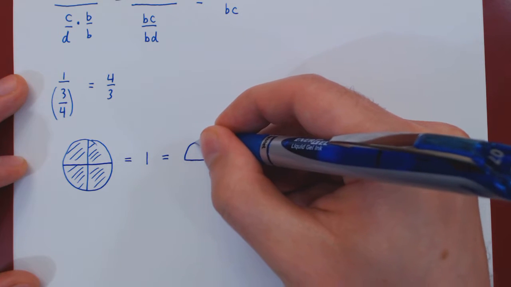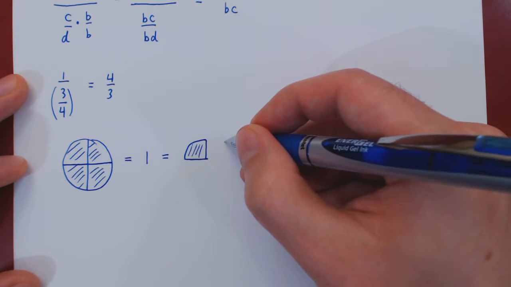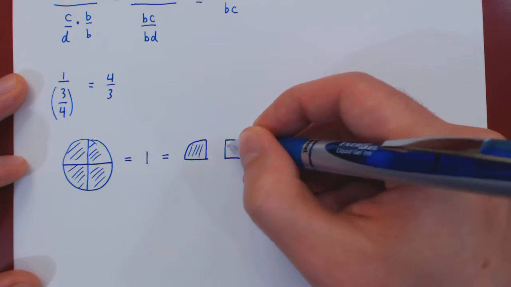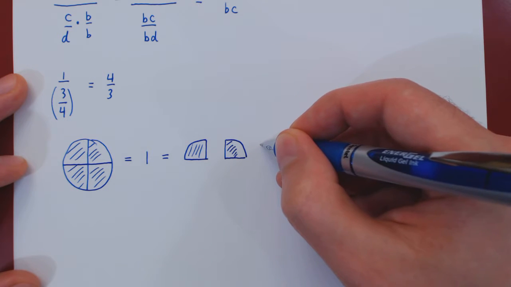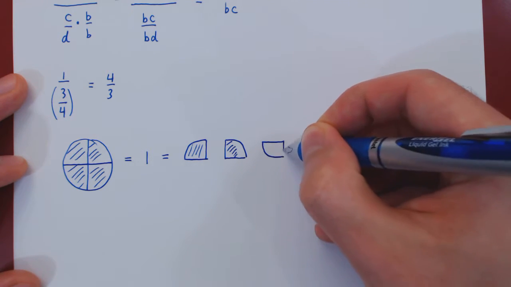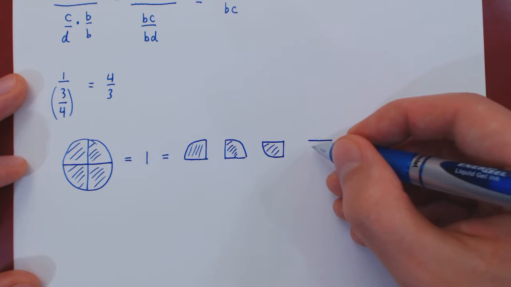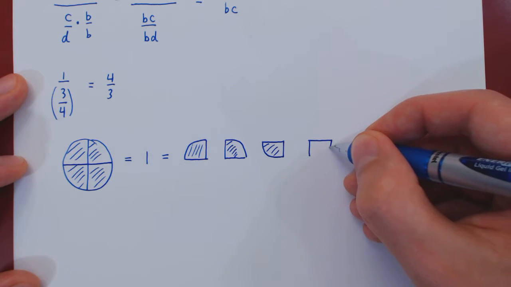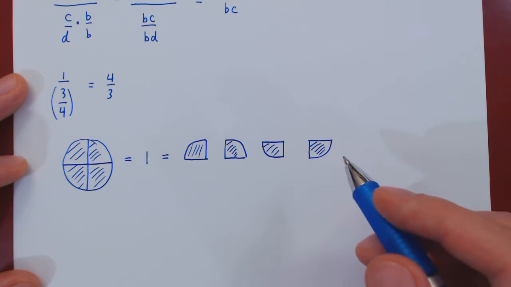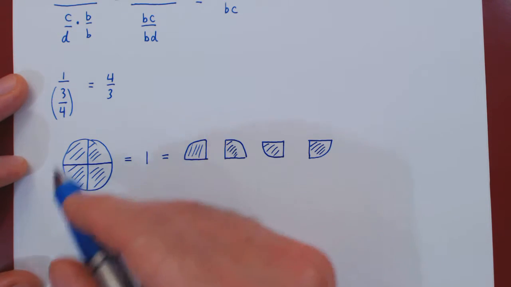So it's this part with this part. This part and the last part. So again, I want to emphasize that each part here is of the same size, an exact quarter of the full circle.